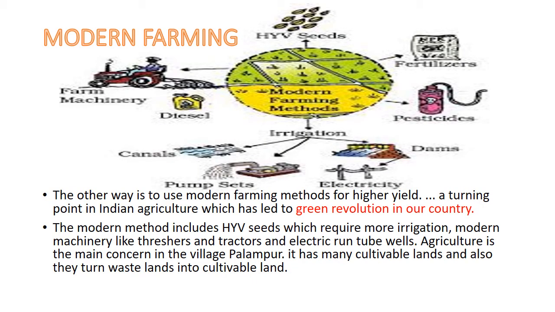Another method to increase the production is to follow modern farming. It includes HYV, high yielding variety seeds, which multiply the production. Irrigation facilities, equipment and machines like tractors, threshers, electrically run tube wells, use of fertilizers, pesticides and so on.